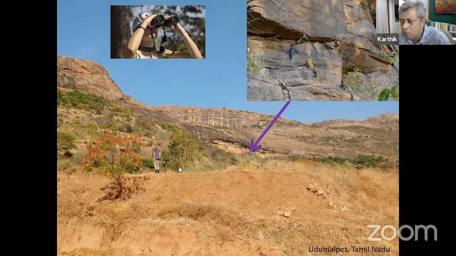So when you go birding, you have to walk. It's a good exercise for your legs, hands, shoulders, and eyes, and also ears. Why ears? Because you have to listen to birds. Birds make a lot of calls, and each bird has a distinctive call, right? And so it's very easy to identify birds if you listen to them carefully.